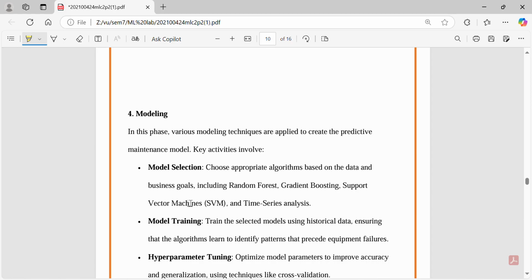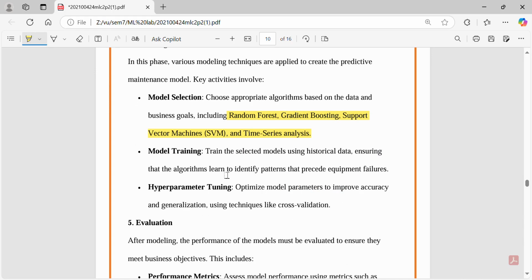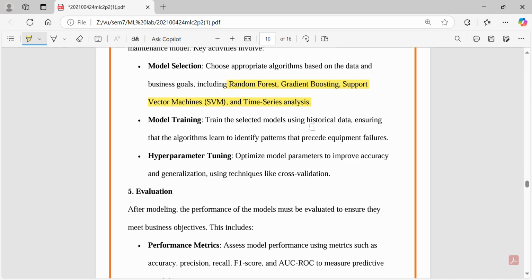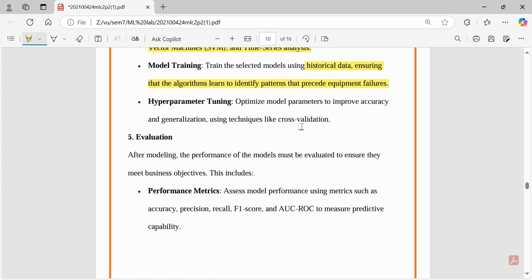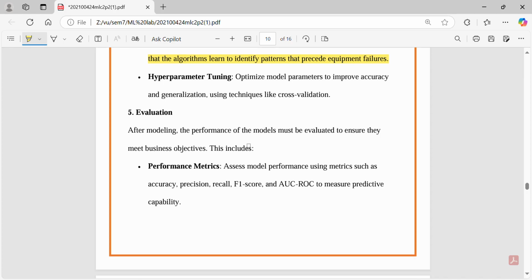We would mostly go for random forest, support vector machine, and time series analysis. The models are trained on historical data, ensuring that they do not miss the equipment failure, along with hyperparameter tuning.